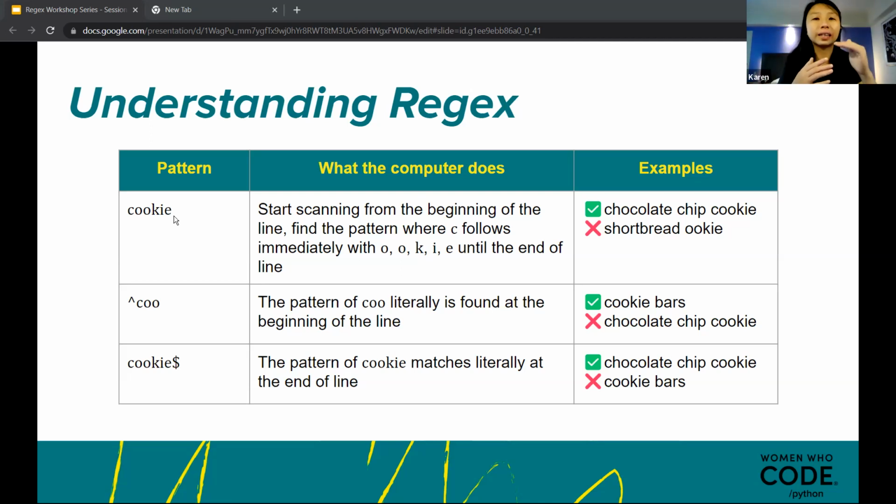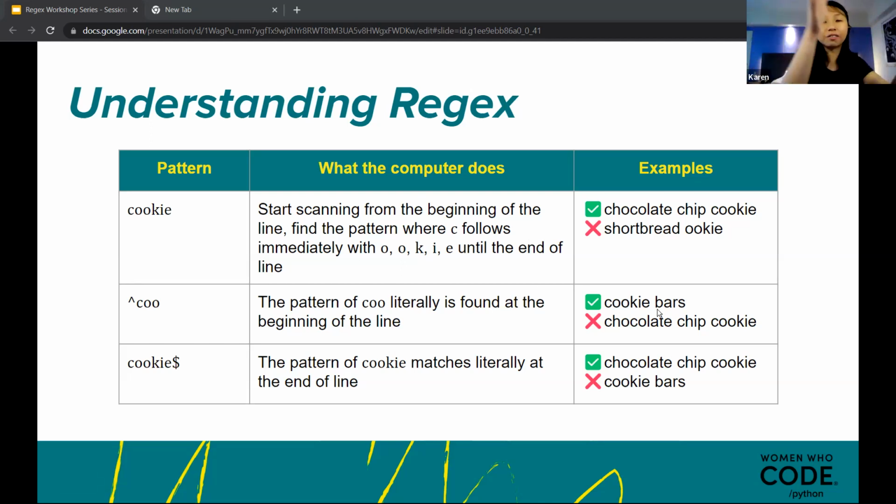So that's why there are other symbols, other punctuations we use regularly, to help formulate the search in more extended ways. For example, the anchor COO means you start from COO. So anything that starts with COO is good, like cookie bars.